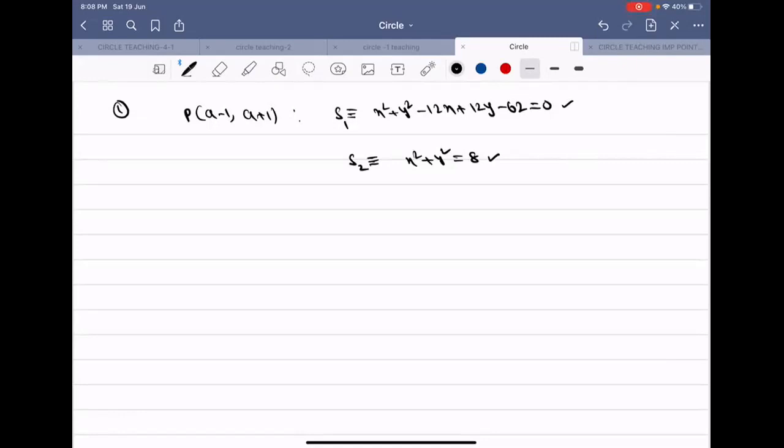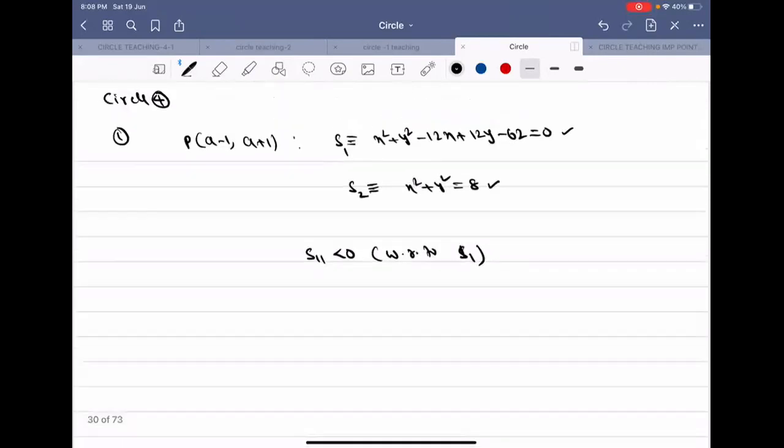With respect to the first circle, the point must lie inside. That is, S11 is less than 0. So you put (a minus 1) whole square plus (a plus 1) whole square minus 12 into (a minus 1) plus 12 into (a plus 1) minus 62 must be less than 0.